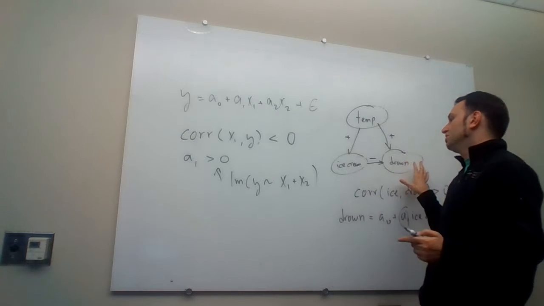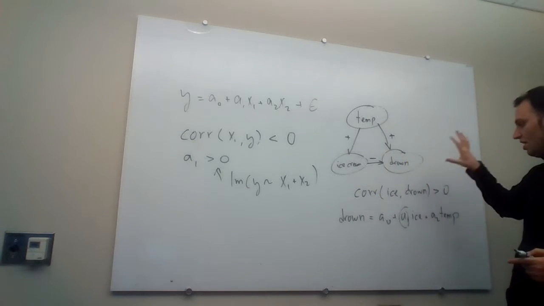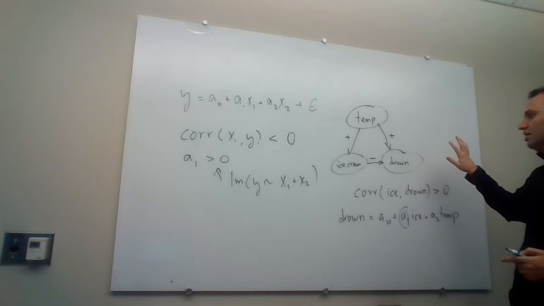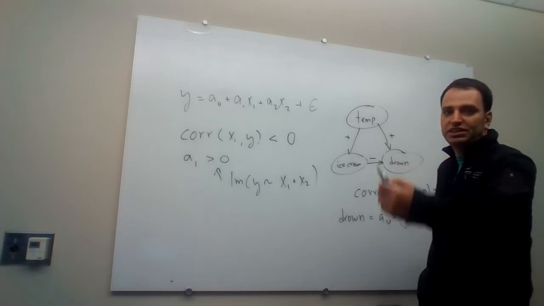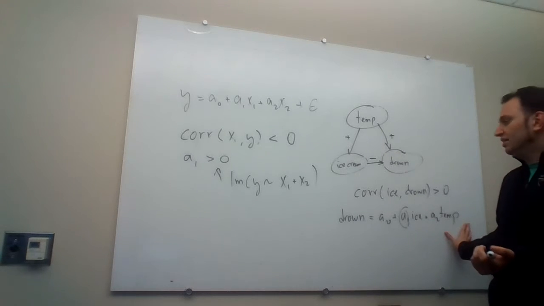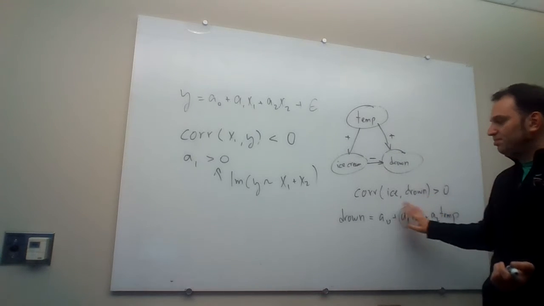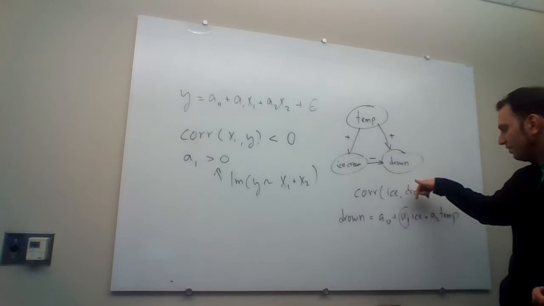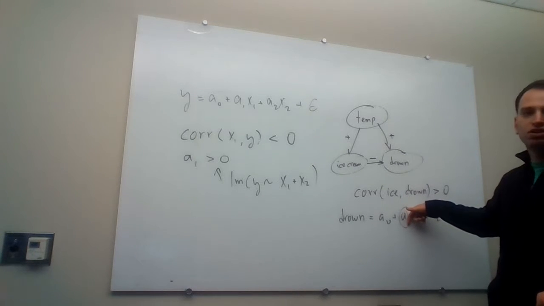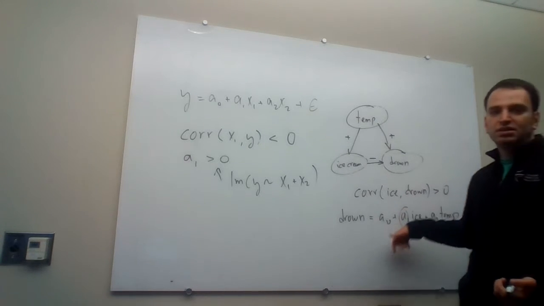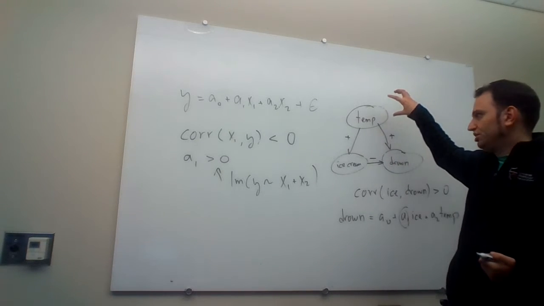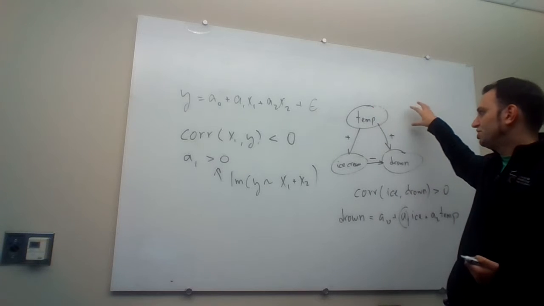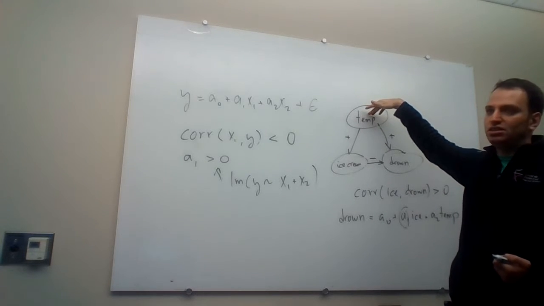All right? So if you set it up like this, then it could be the case that when the temperature is the same, like if it's 80 degrees outside, then when people eat more ice cream, they drown less. So you have a negative a1 coefficient here. So how would you generate a data set that's like that? Well, first we'll generate the temperature, because that's not dependent on anything.